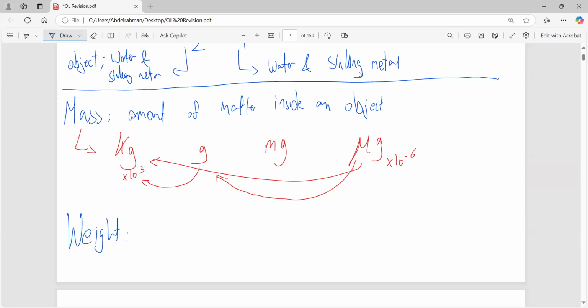It changes when you change the gravitational force applied on this object. So weight is a force applied on an object due to the gravitational acceleration.